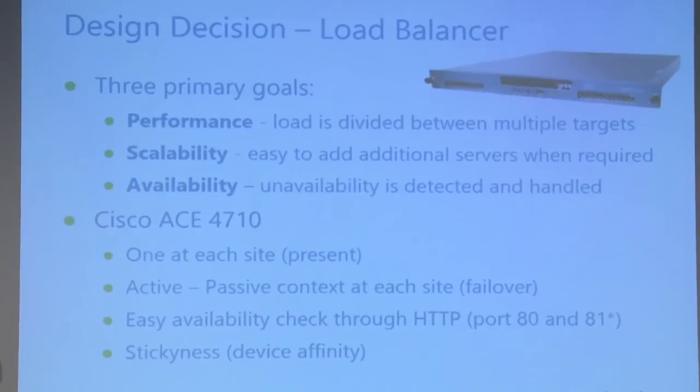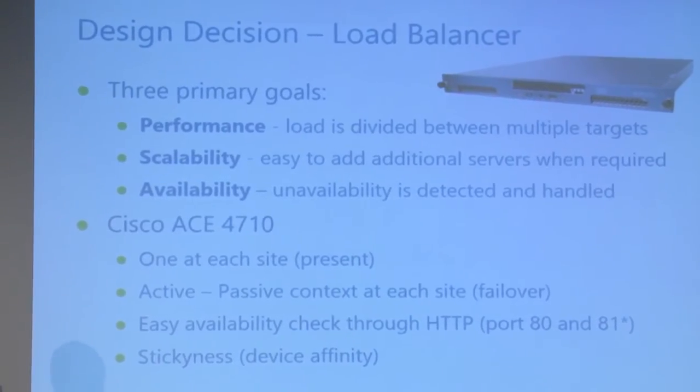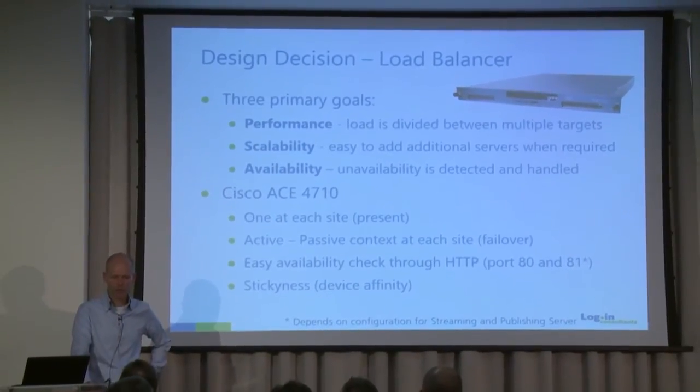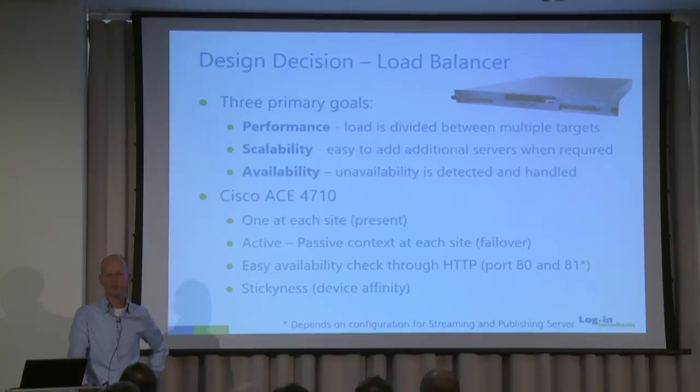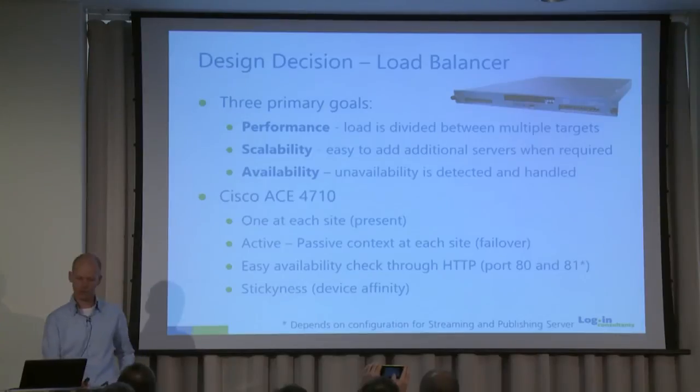So a little bit about the load balancer that we used. There were 3 main goals. Obviously, we wanted the best possible performance, so the load needed to be divided between the 2 or the 4 hosts. Scalability: we wanted to easily implement additional servers when the environment would scale out. And we didn't want any unavailability, because that would break down the entire environment and the applications would not run.